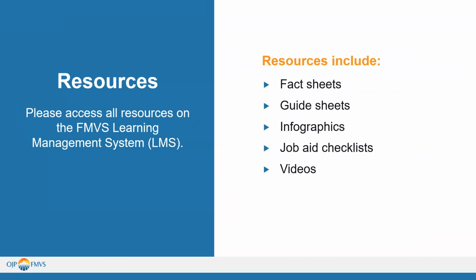Please review these resources on the LMS, and please leave your name in chat, or contact us if you have not been able to log into the LMS. You can review fact sheets, guide sheets, infographics, job aid checklists, and videos.